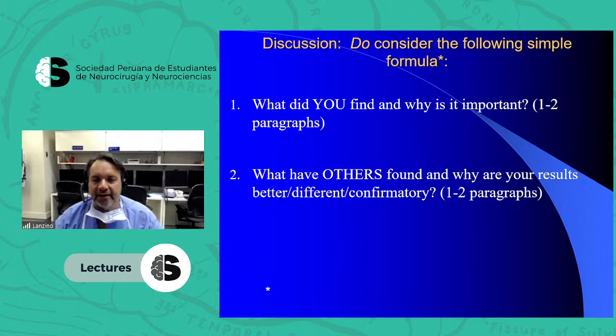And then you explain why you think that these other investigators have found a percentage that is completely different from the 5% that you observed in your study.